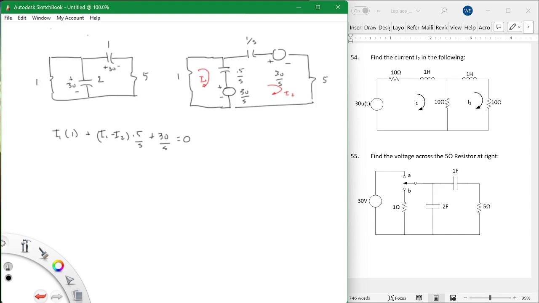That's the I1 loop. What's the I2 loop? Minus 30 over S plus I2 minus I1 times 0.5 over S plus I2 times 1 over S plus 5 plus 30 over S equals 0.